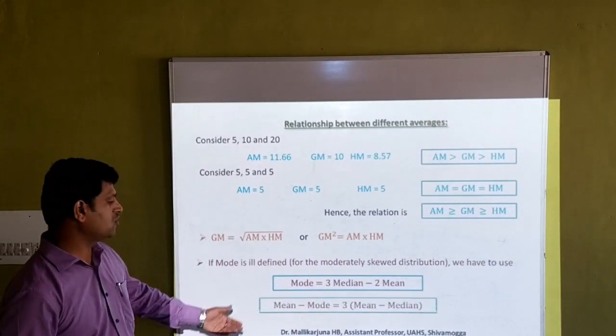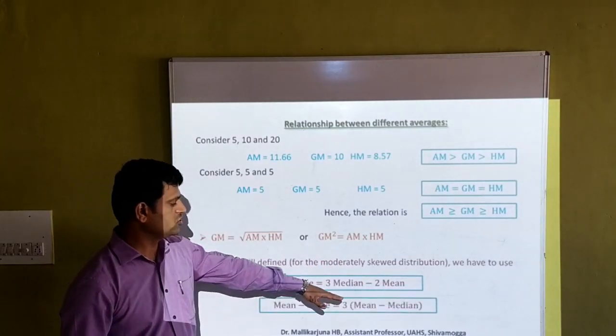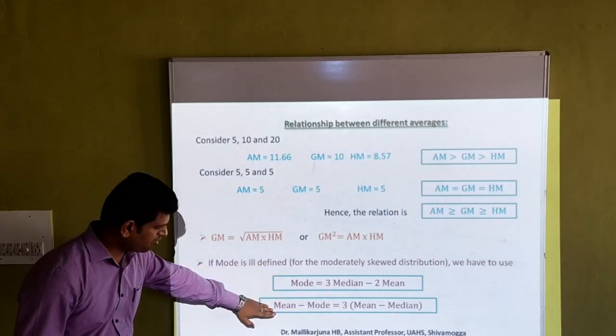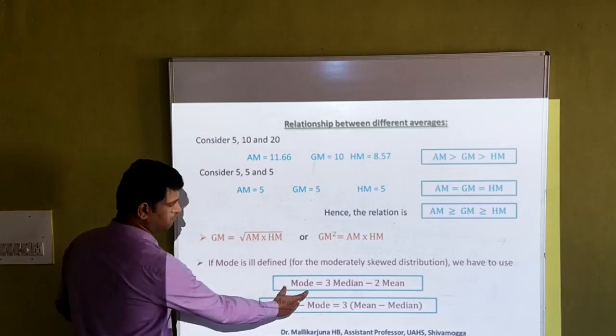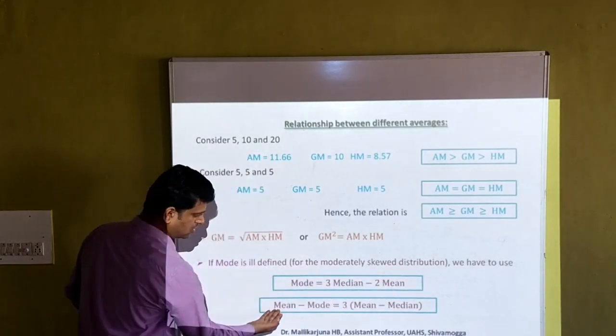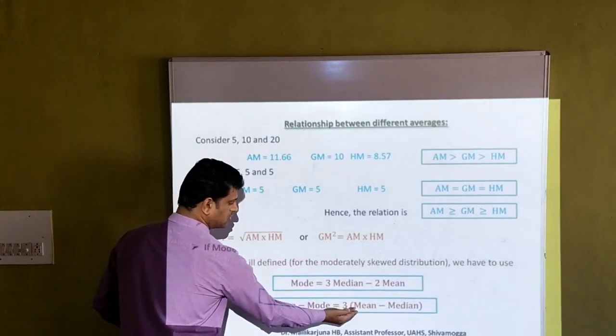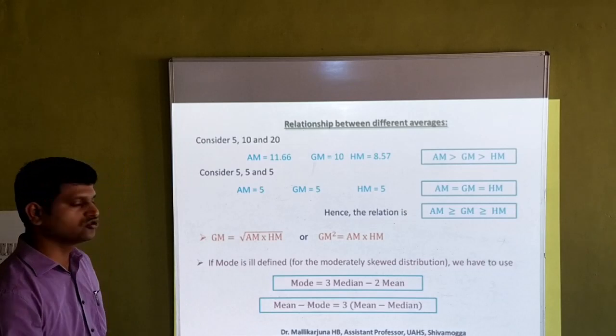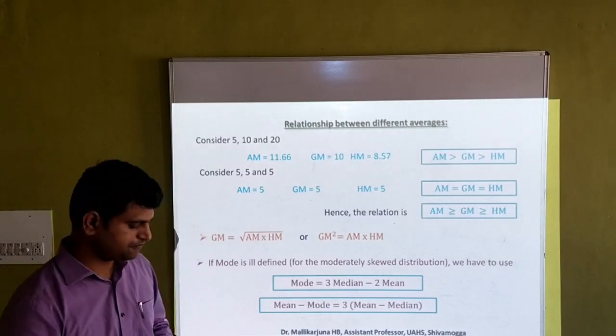Another formula we can use is mean minus mode is equal to 3 times mean minus median. So in a different format, I have written here: mode equals 3 median minus 2 mean. Both formulas we can use to calculate mode.